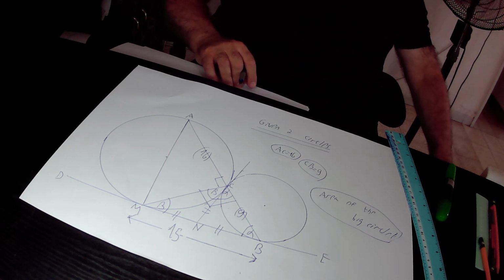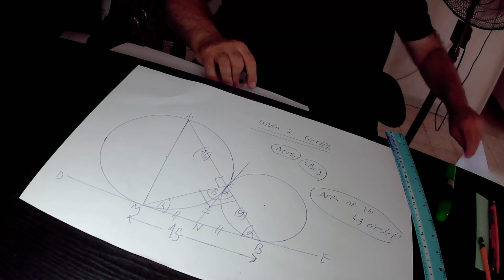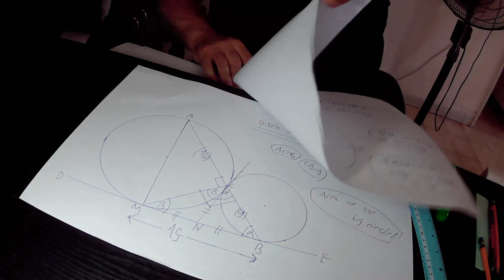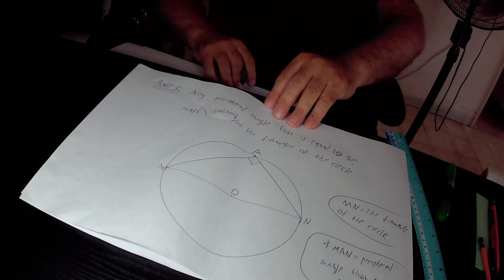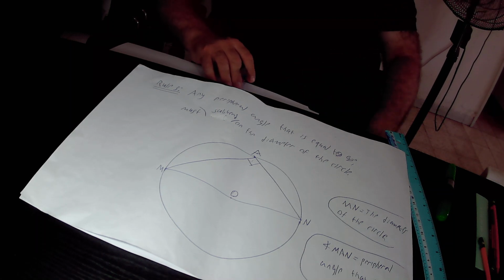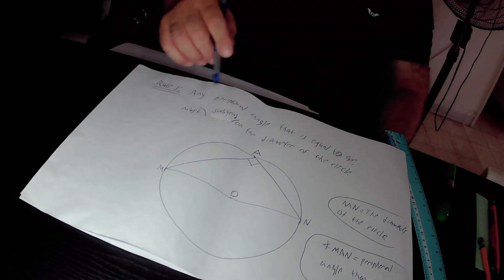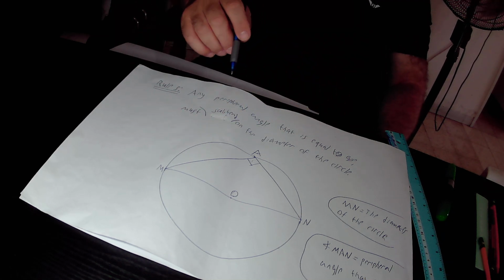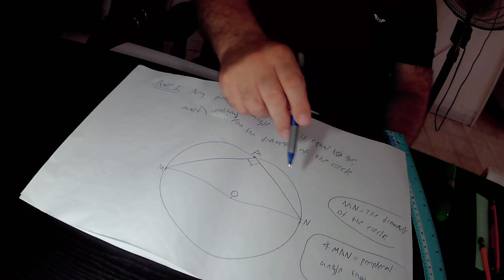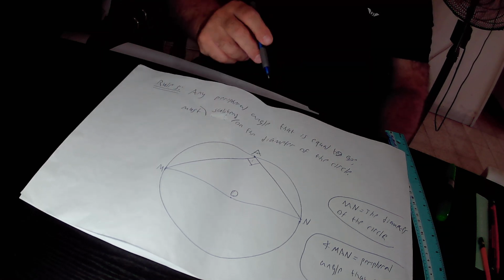So here we can implement rule 5. I will click quickly on rule 5. According to rule 5, any peripheral angle that is equal to 90 degrees must subtend on the diameter of the circle. So for the moment we have a circle, and this is peripheral angle MAN. This peripheral angle MAN is a right angle.